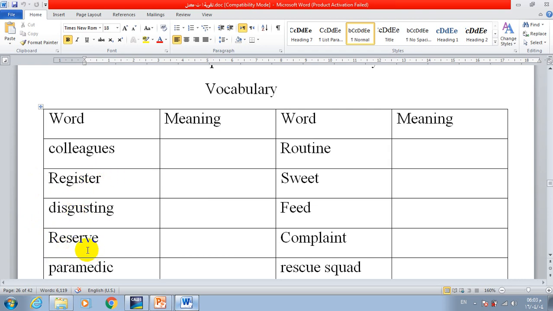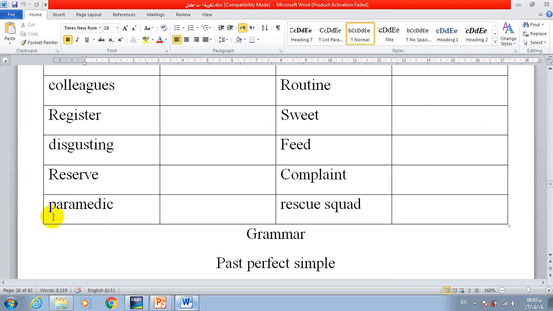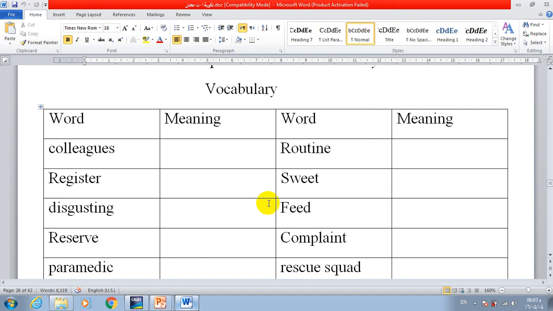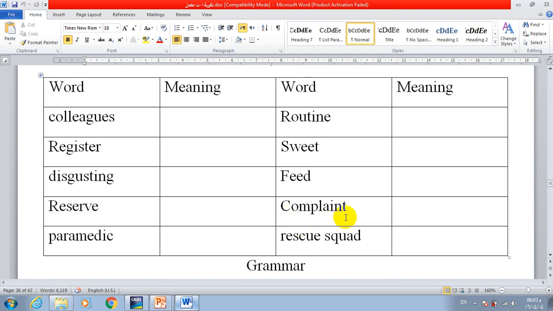Reserve. Paramedic. Routine. Sweet. Feed. Complaint. Rescue squad.